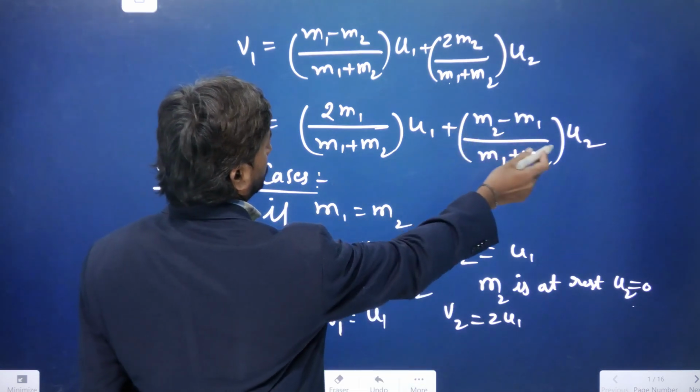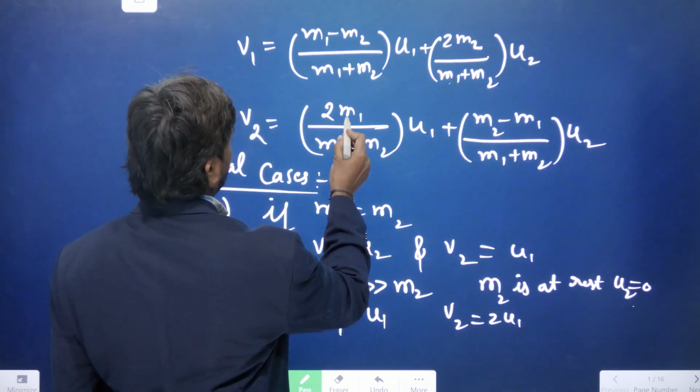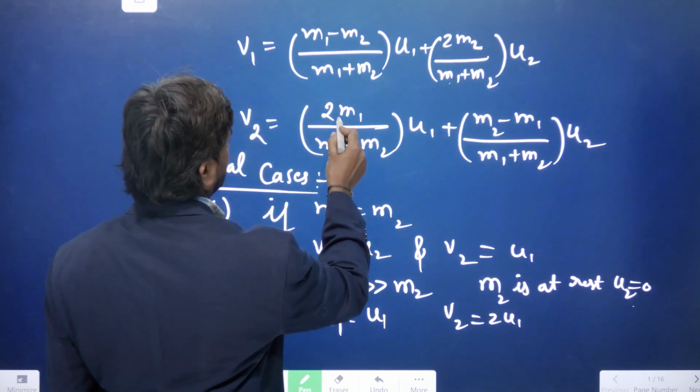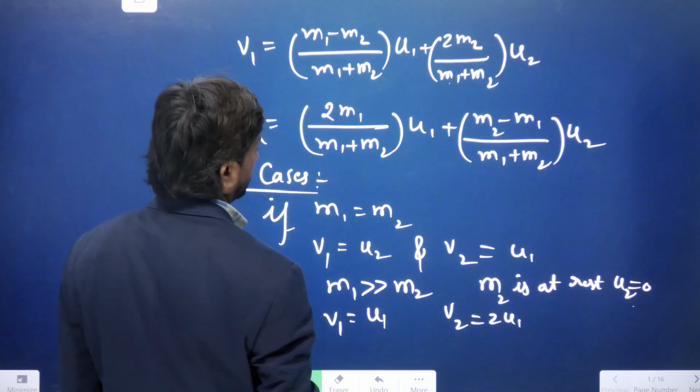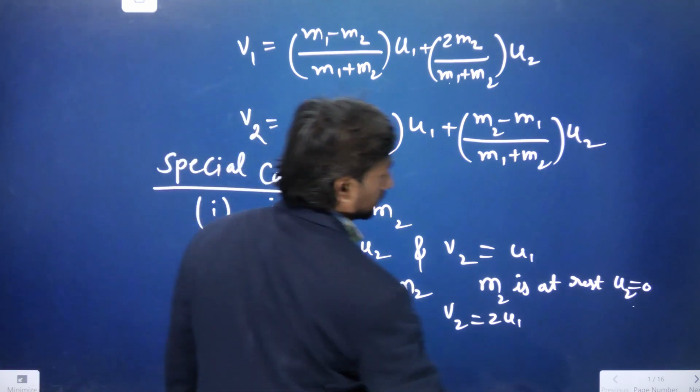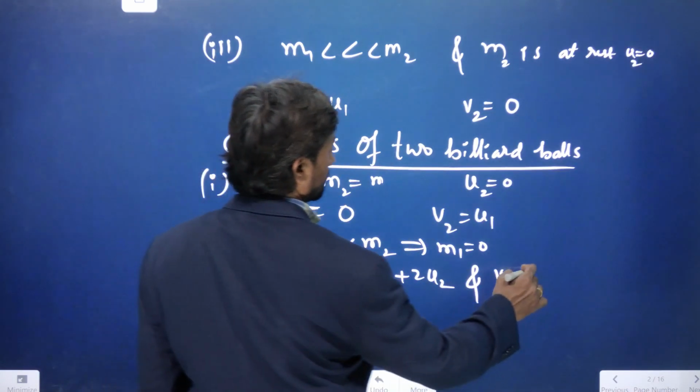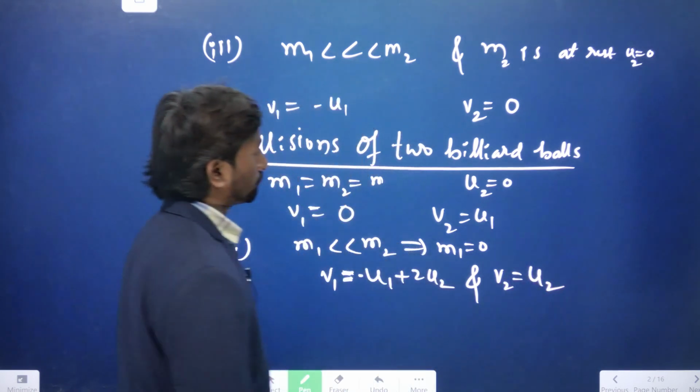If m1 is neglected, u2 will be present, and this total will become 0 there. So then v2 is equal to u2.